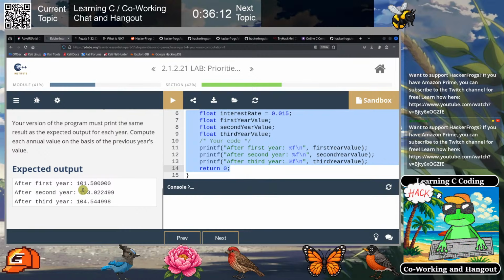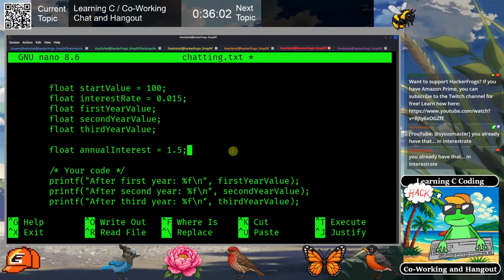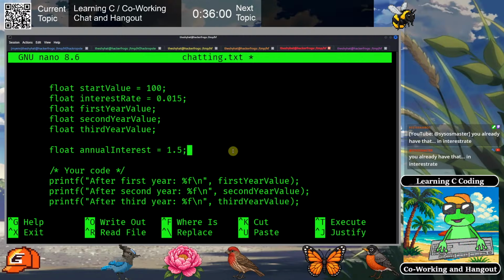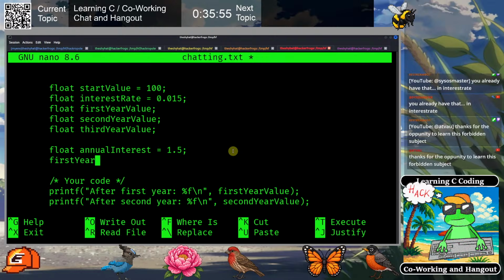So after the first year, it should be 101.5. So first year value, we need to modify these. First year value equals something.